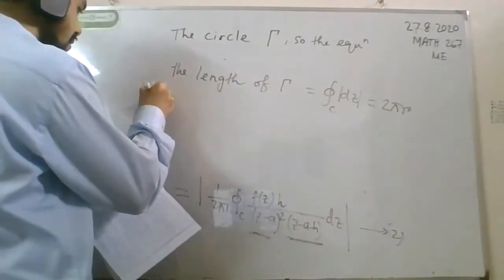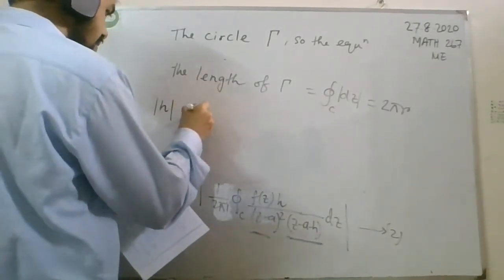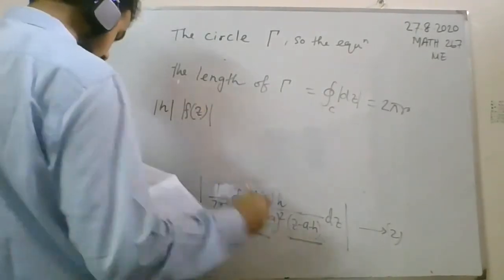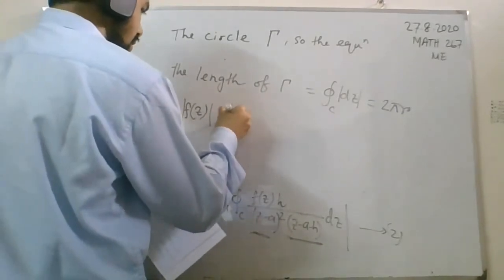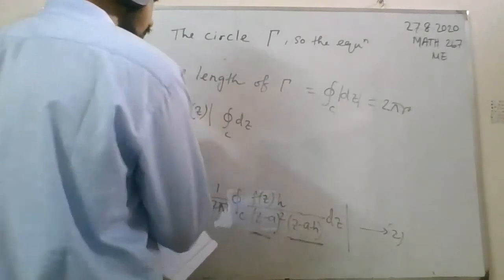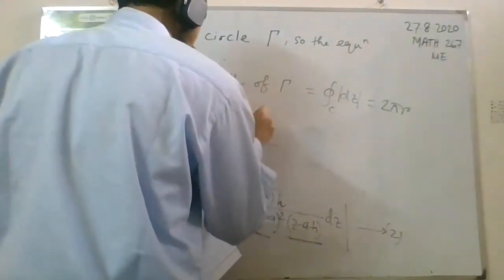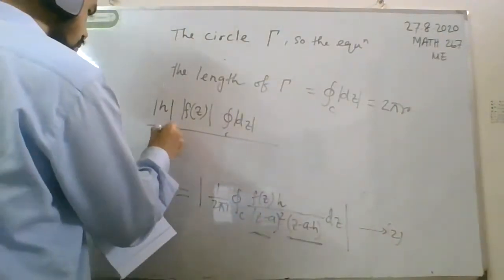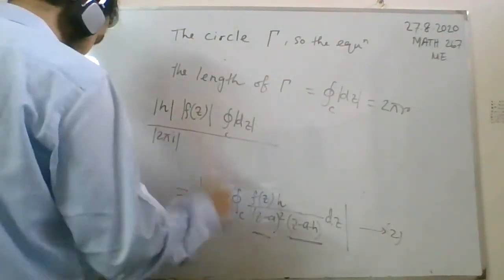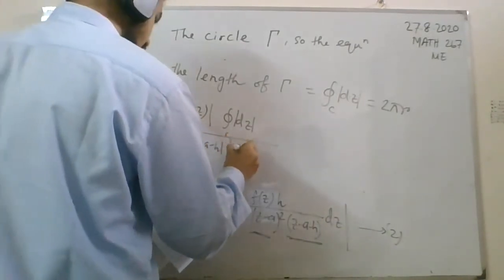Now you can write this thing, which is the modulus of h with f(z), and here 2 pi i, also z minus a minus h, z minus a.